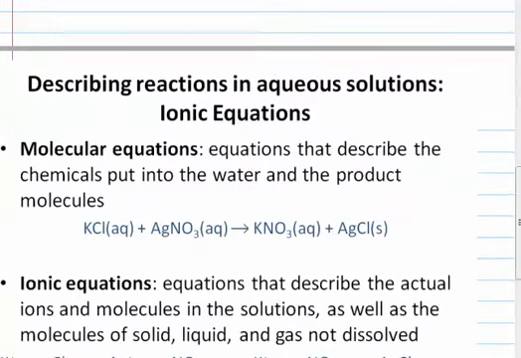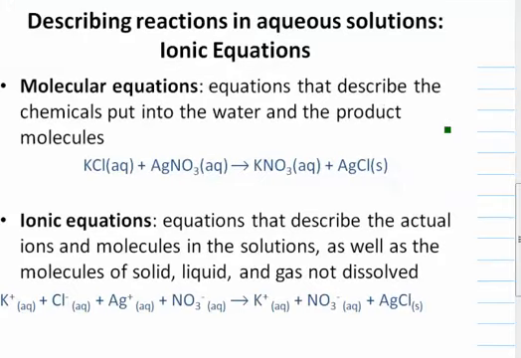Okay, so when we describe these reactions in aqueous solution, we can designate the molecular equation, which shows the formulas of my reactants and products as well as their coefficients. In predicting what a possible solid might be, in the case of potassium chloride reacting with silver nitrate, we get a white precipitate that, using our rules, since potassium nitrate is certainly going to be soluble, we could predict that silver chloride is going to be our product.